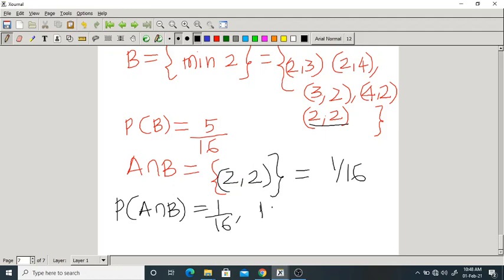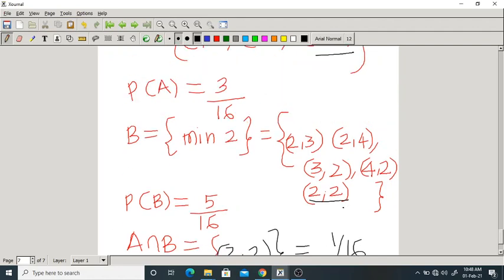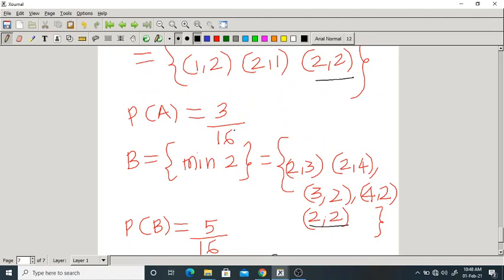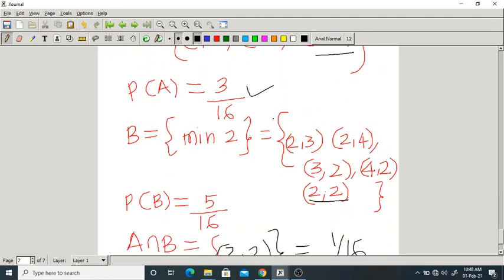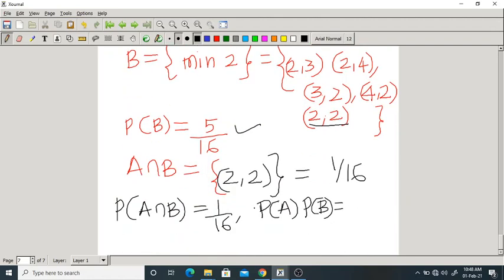Now here you can observe, the probability of A intersection B is 1 by 16, and the probability of A into the probability of B, how much? Probability of A is 3 by 16. Probability of B is 5 by 16. So 3 by 16 into 5 by 16.